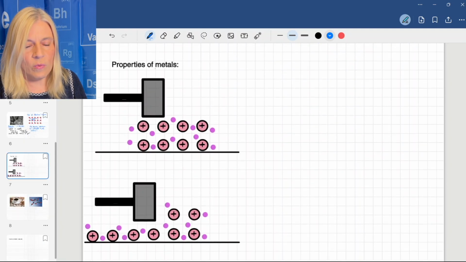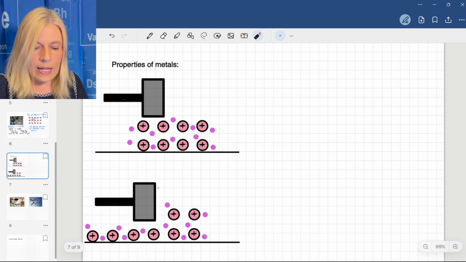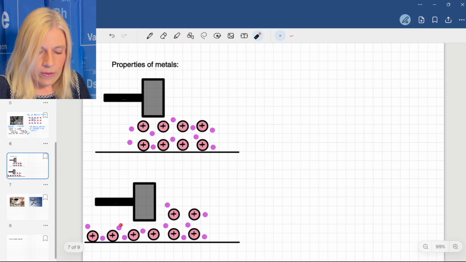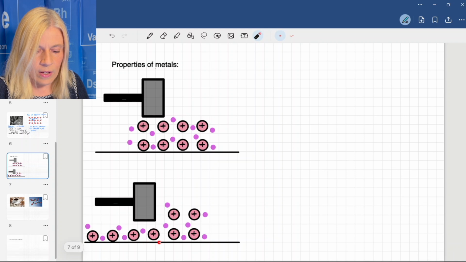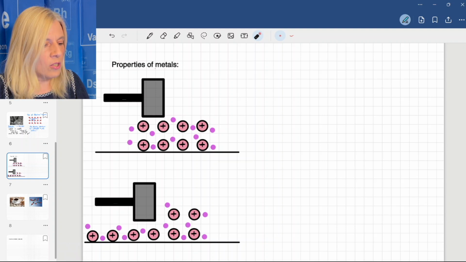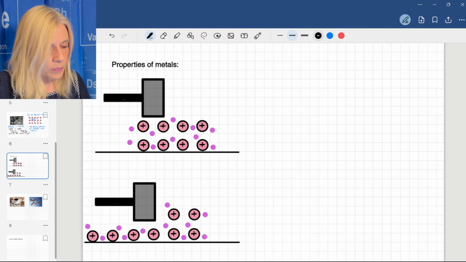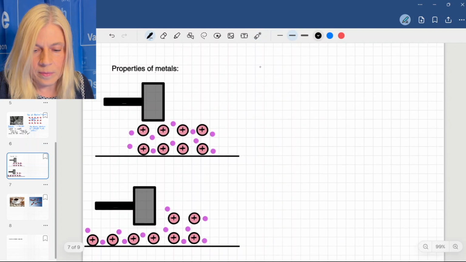So here we have our metal, our cations and free-floating electrons, and we're going to hit it with a hammer and press it down, but then the cations just spread around and the electrons spread out around them, and we just made it a little flatter. So, wow. That's the property of metals. They are malleable.